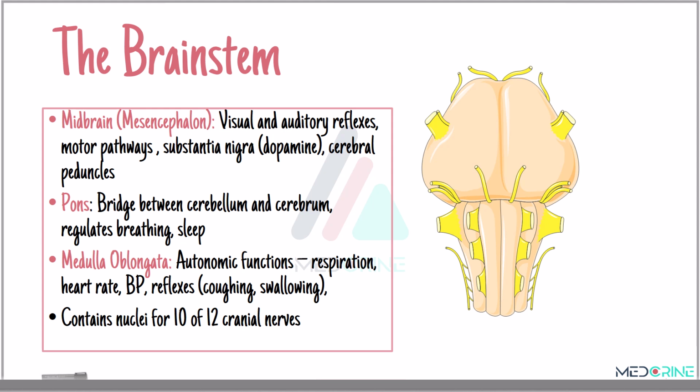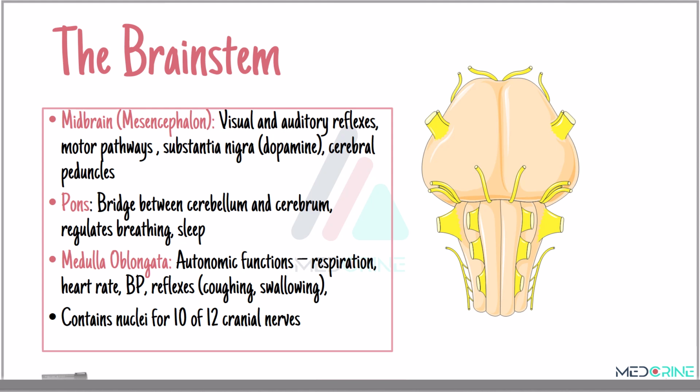Another part of the brain is the brainstem. The brainstem comprises the midbrain, known as the mesencephalon, the pons, and the medulla oblongata. This brainstem is the gateway between the spinal cord and the brain, and the midbrain processes visual and auditory reflexes, and as well it contains the substantia nigra that is crucial for dopamine production.